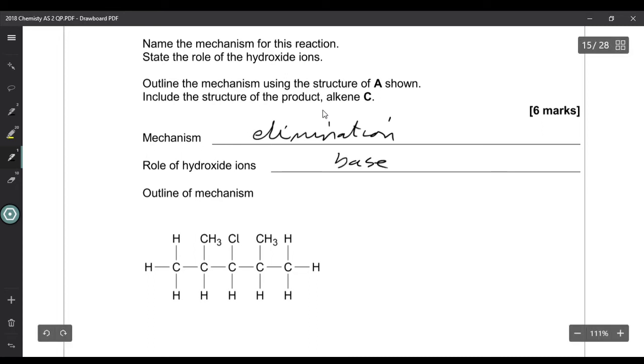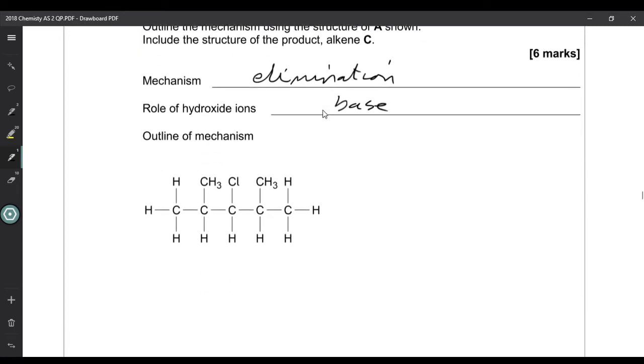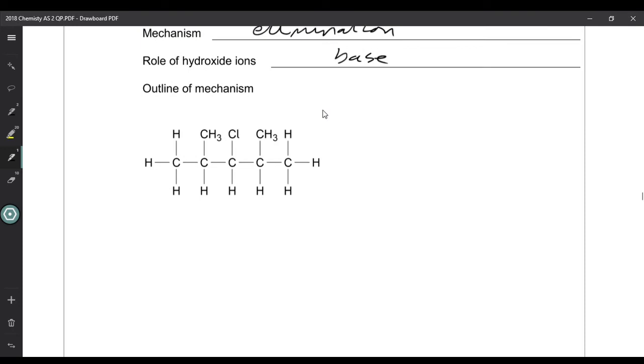Okay, so again, we start with our hydroxide ion down here, and our first curly arrow is going to go from the lone pair to the hydrogen on the carbon adjacent to the carbon-chlorine bond.